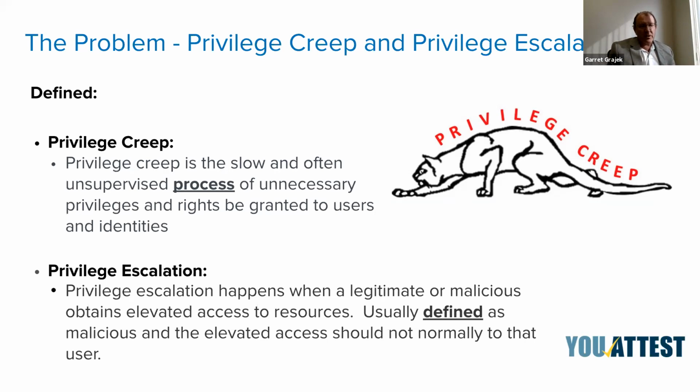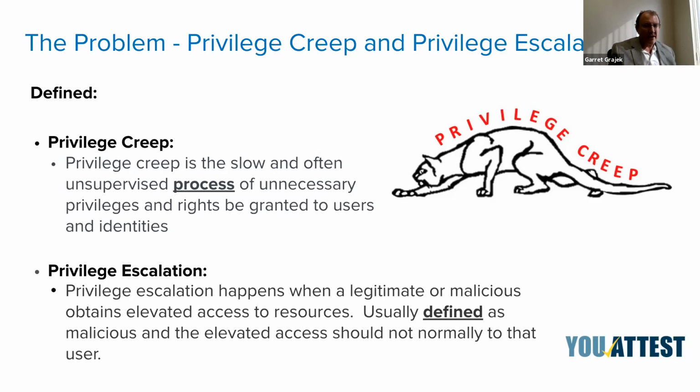So privilege creep is both the benign and the malicious concept of unnecessary privilege going to users. Privilege escalation is usually referred to as the hack and the elevated privileges. That's your standard Metasploit hack: get on someone's PC or device, and then use some vulnerability to escalate your privileges.